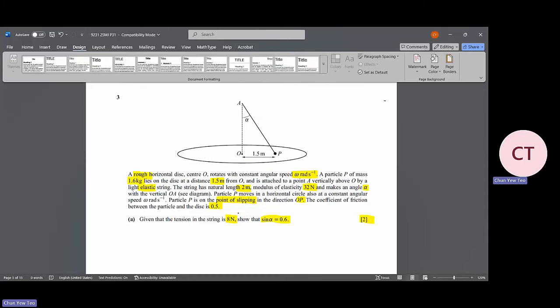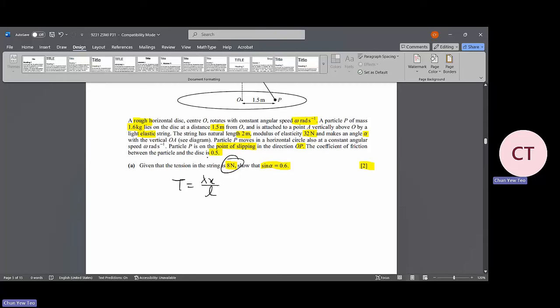They already give you the tension. By Hooke's law, T is equal to lambda x over L, where T is given as 8 newtons, lambda is 32, x you do not know, and L is the natural length. From here you can see that x is actually a half.